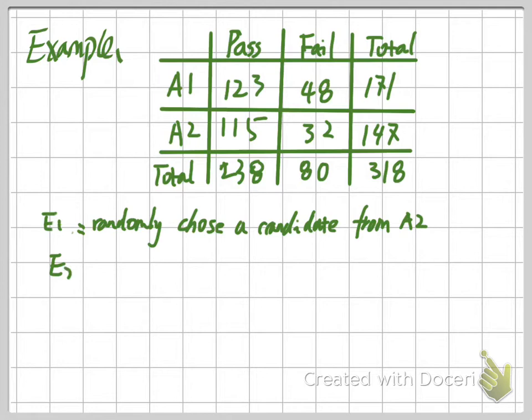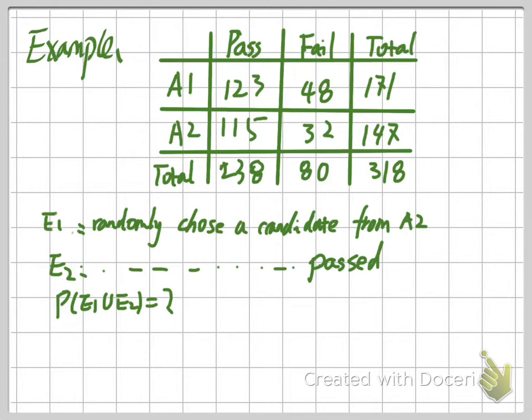The second event is we also randomly choose a candidate, but now this candidate passed. We don't say whether they passed the first exam or the second exam. We don't care, we just say they passed. The question asks us for the probability of E1 union E2.